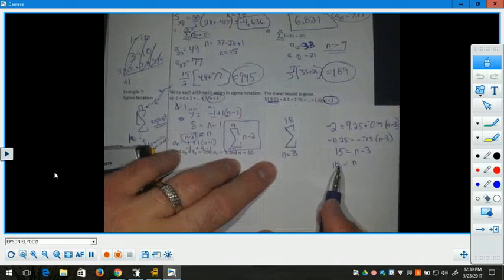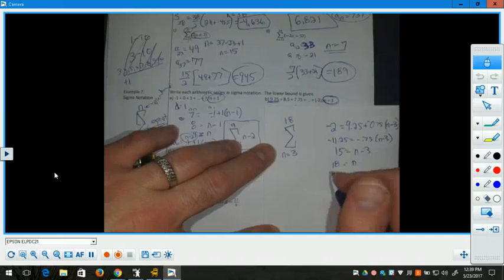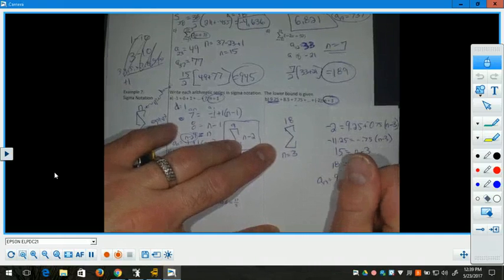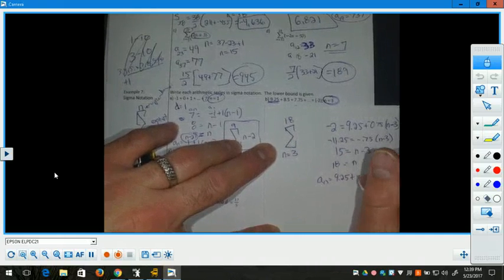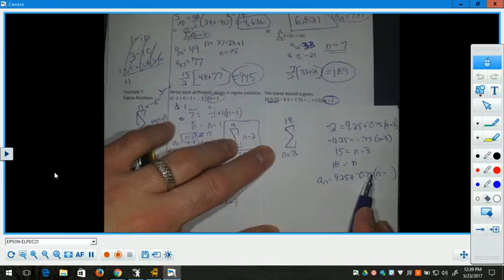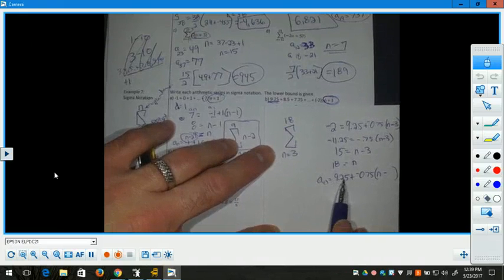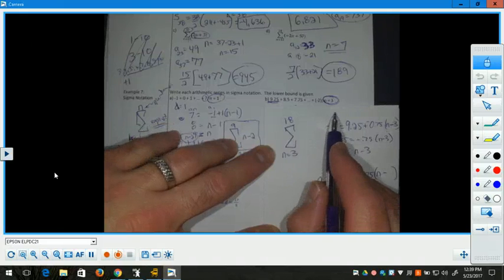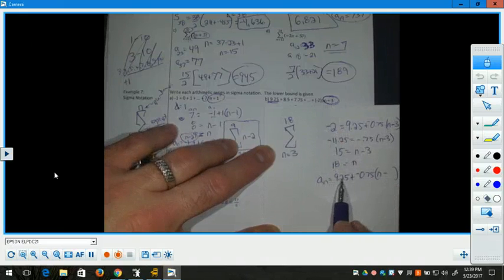And my explicit rule, again, I'm going to have to be careful how I do this. a sub n equals 9.25 plus negative 0.75. Again, it will not be n minus 1. This is position n, and this position is associated with where this term is located. This tells us that this is located at position 3.